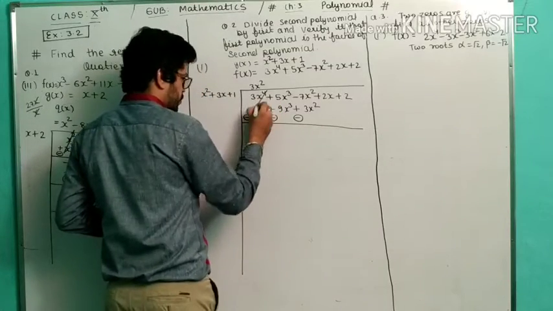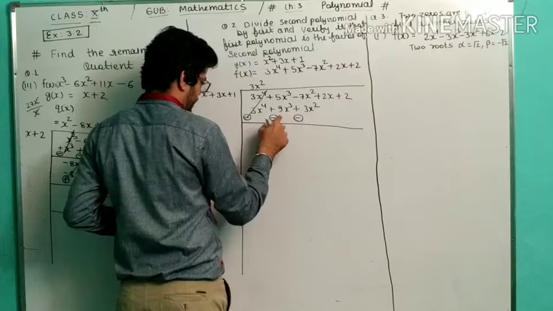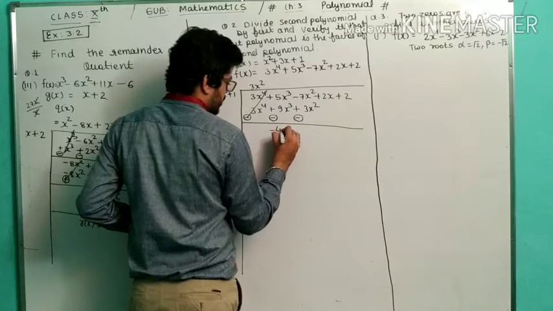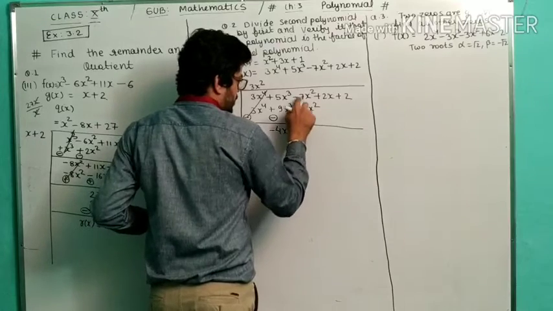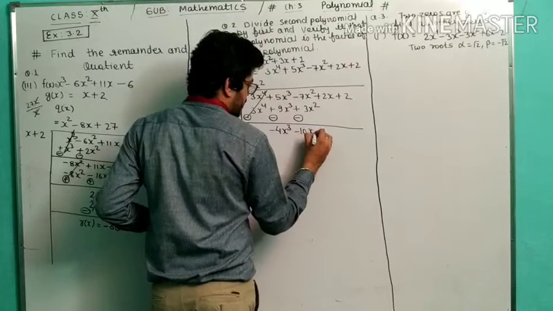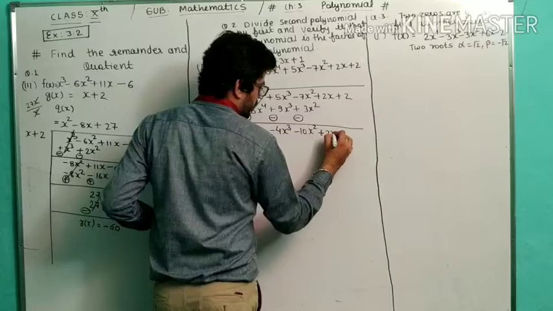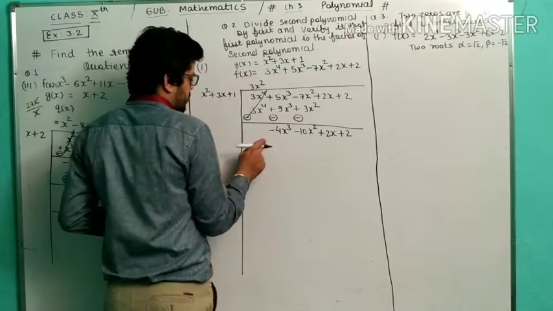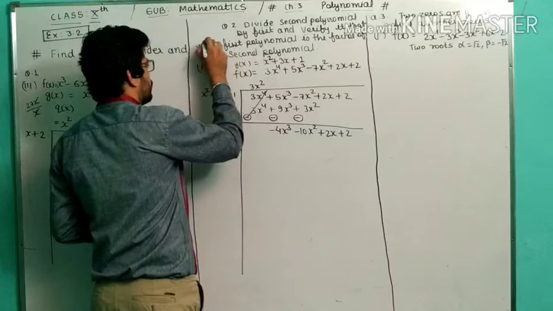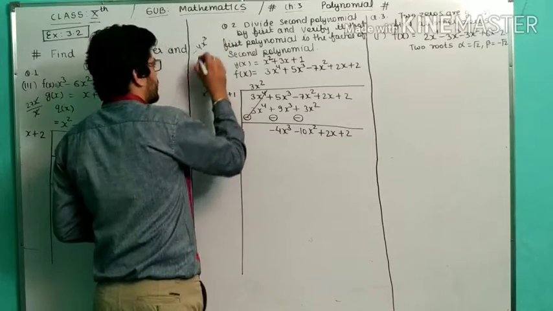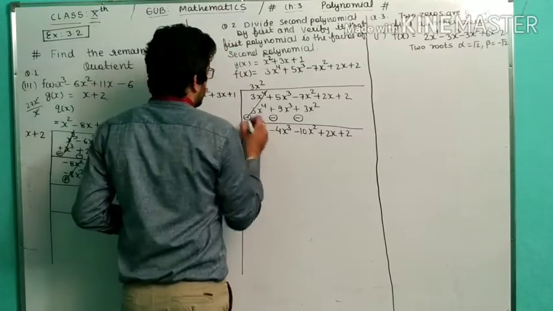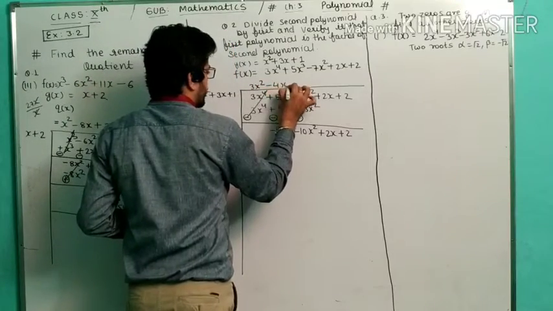So here it is going to be cancelled, and minus 9x cube with positive 5x cube gives minus 4x cube, and minus 10x square plus 2x plus 2. Now again this minus 4x cube is divided by x square, so we get minus 4x.